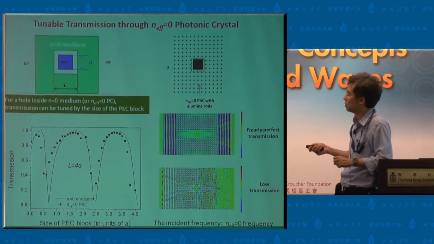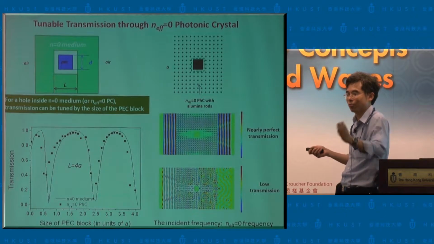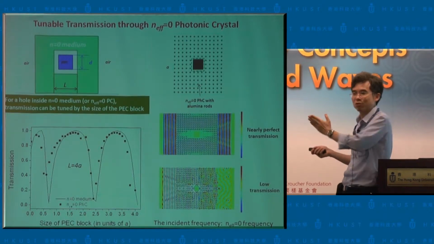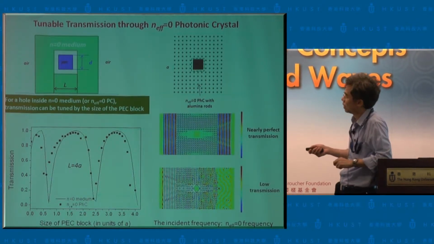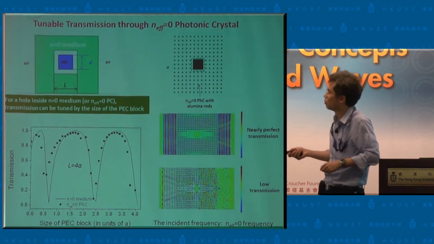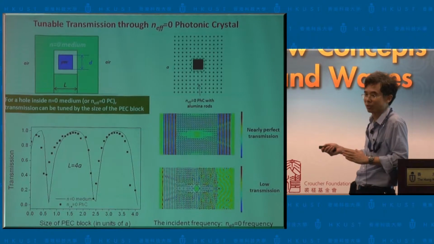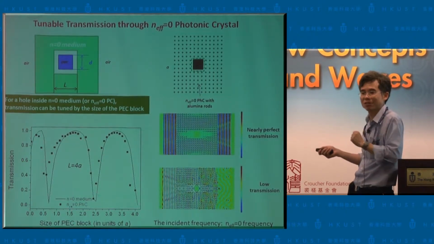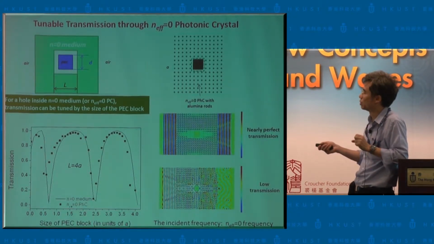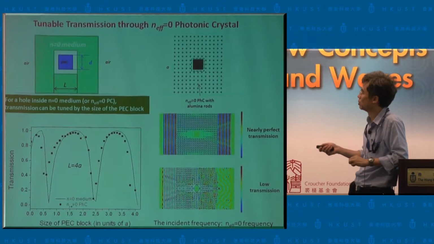Then I pass a plane wave through this medium and see how the wave transmits. The solid line is what the numerical package gives me. The transmittance can be almost 1 or almost 0, depending on the size of this metal stop and the distance between the metal and the air gap and so on.